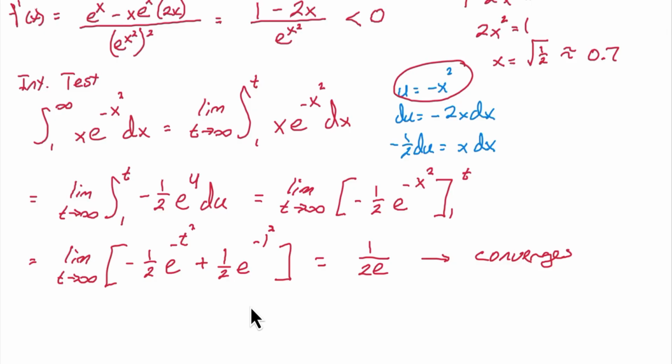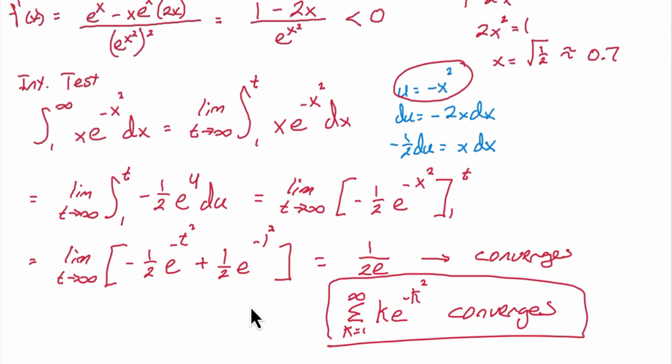And if the integral converges, that tells us that the original series k equals 1 to infinity of k e to the negative k squared also converges due to the integral test.